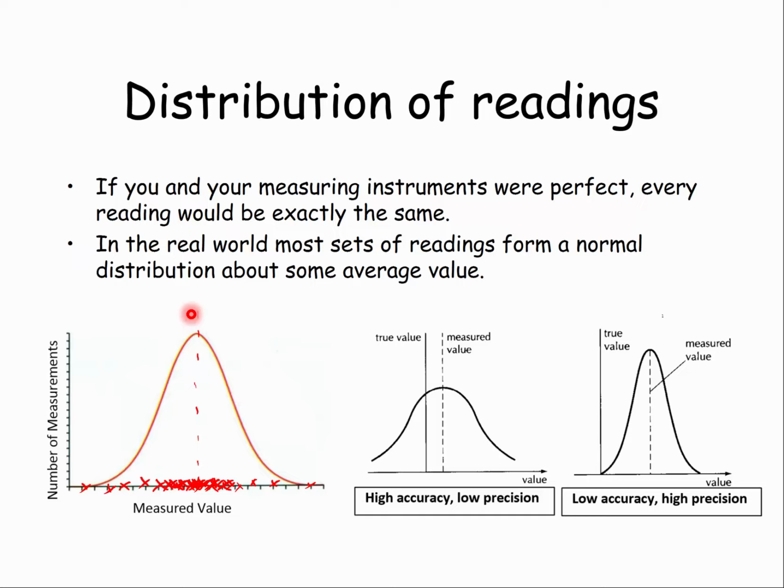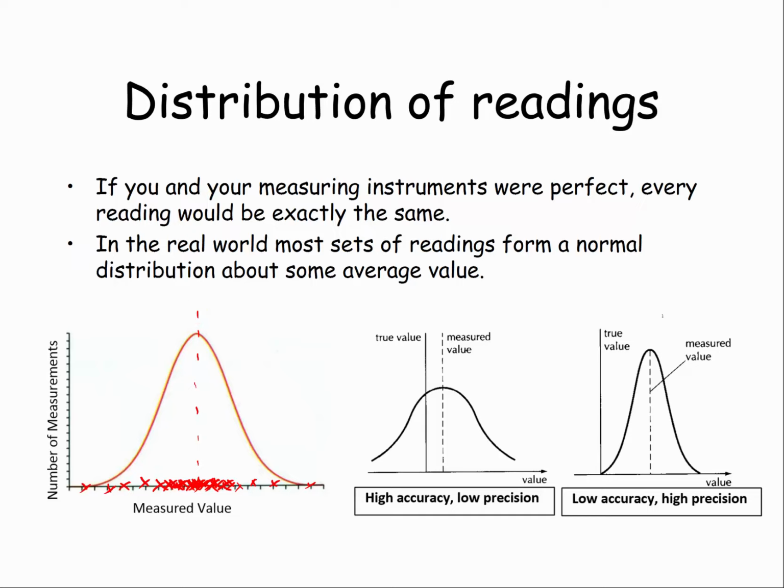So if you moved from a ruler that had centimeter divisions and you got every single measurement exactly the same, what you would need to do is move to a ruler or a tape measure that had smaller divisions, and that would allow you to see what distribution of readings you would get for your particular experimental setup.